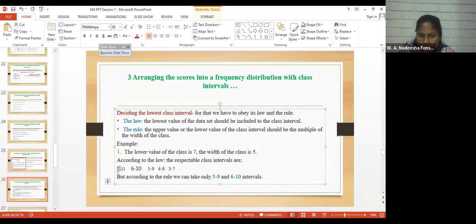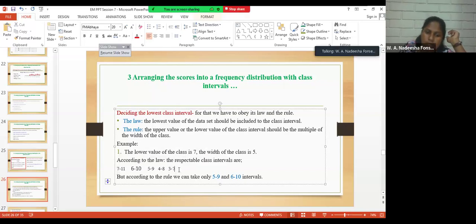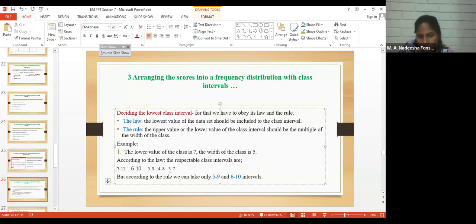The first interval starts from 7 and the last one ends at 7. You have to start from 7 and end at 7. It means you start from the lowest value and end at the lowest value also. By looking at another example, you can understand that.